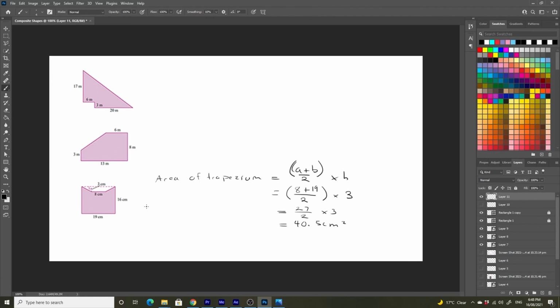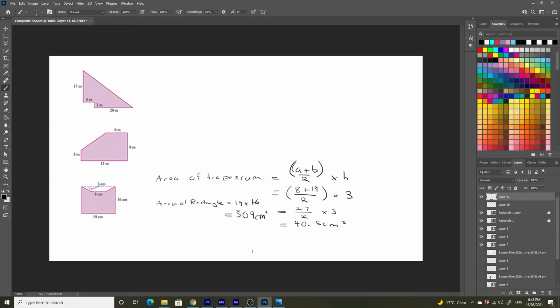Now, the area of the original rectangle is going to be equal to 19 times 16, which is equal to 304 centimeters squared.